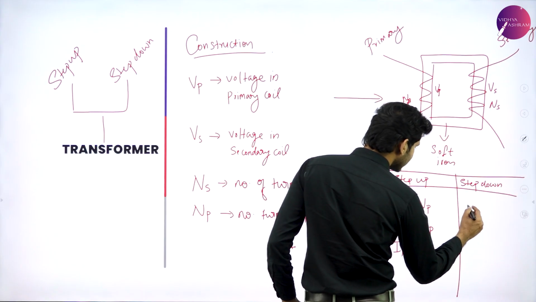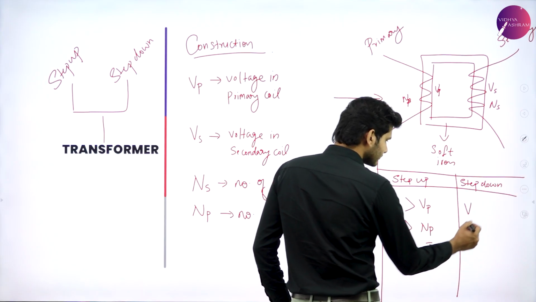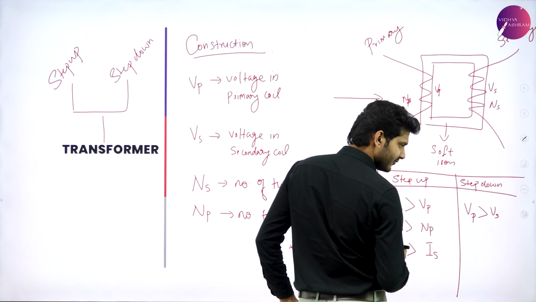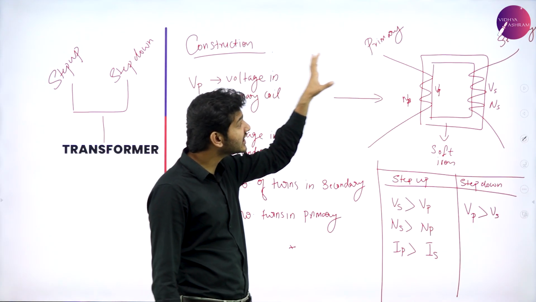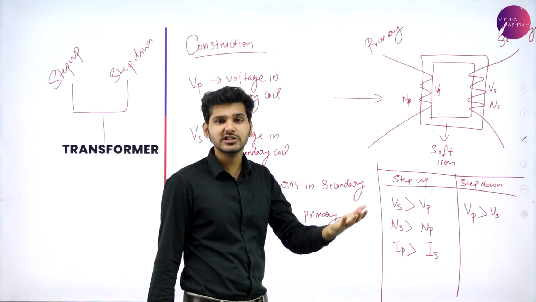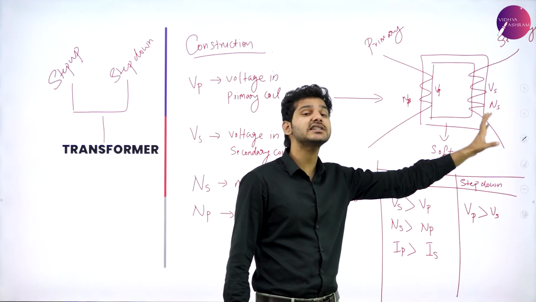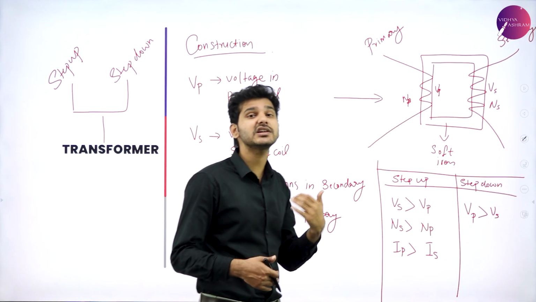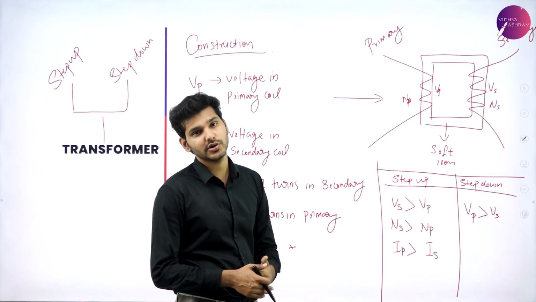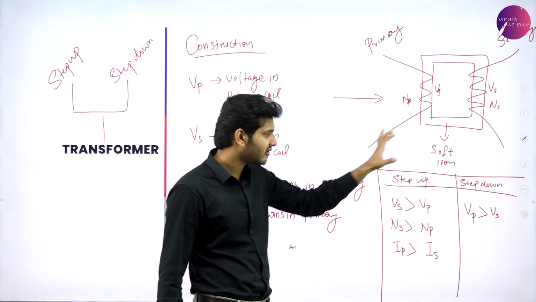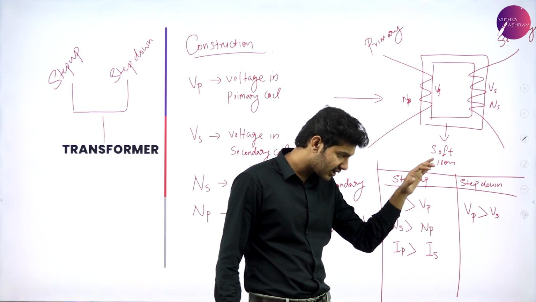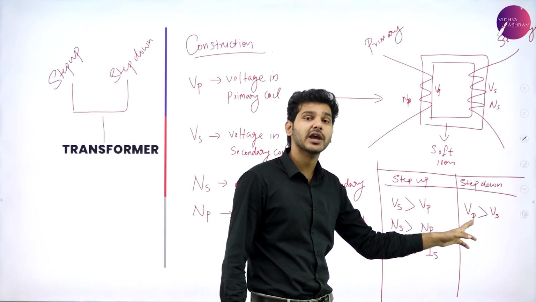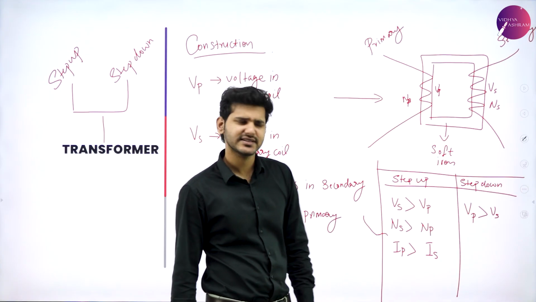So we can say that Vp will be greater than Vs. That is, the voltage entering the primary coil will be high and the voltage exiting from the secondary coil should be low, which means we are trying to increase the amount of current that is produced. So voltage in the primary will be greater than voltage in the secondary coil.